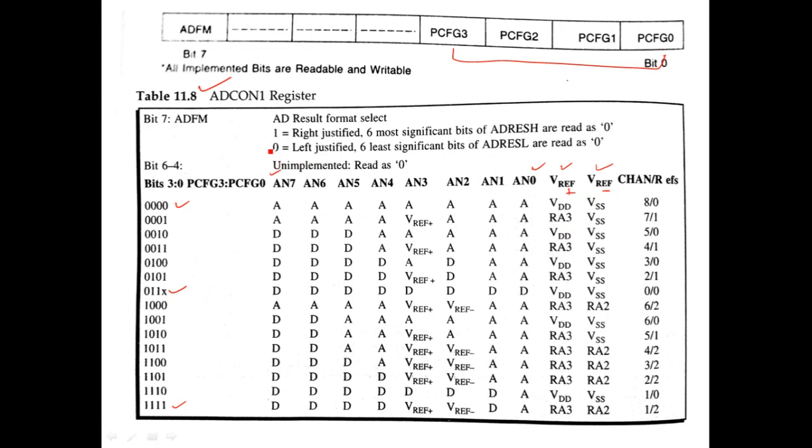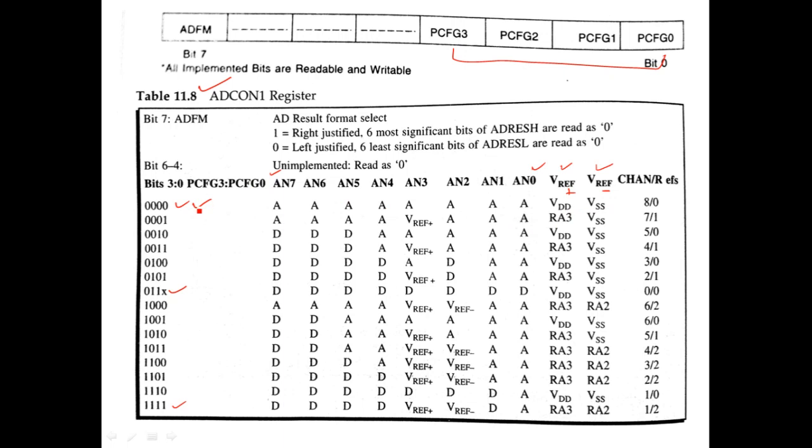For example, when you go for this first option, 0, 0, 0, 0, then all the channels will work as analog input channels, and V reference plus will be VDD, V reference minus will be VSS. VSS means the ground of that IC, 0 volts. For example, VSS is 0 volts and VDD is 5 volts, the supply voltage of the microcontroller. So here V reference plus will be plus 5 volts and V reference minus will be 0 volts.